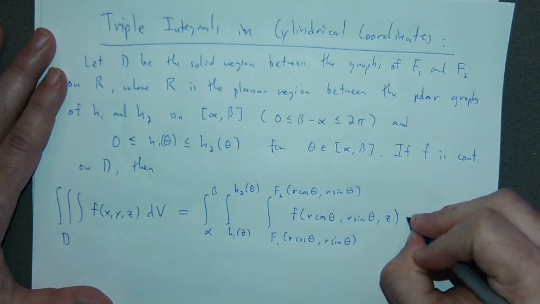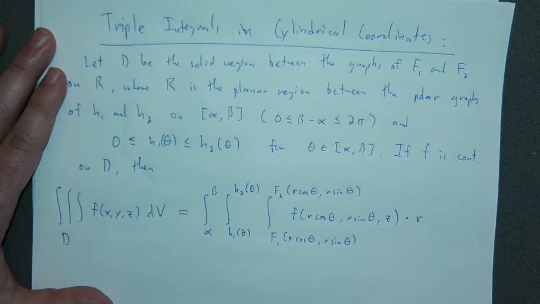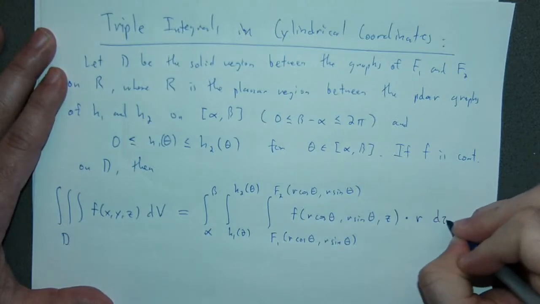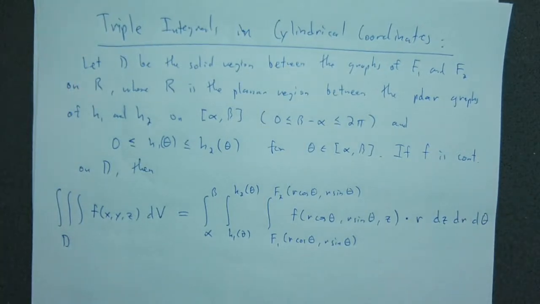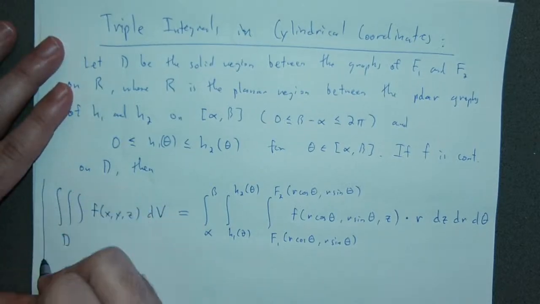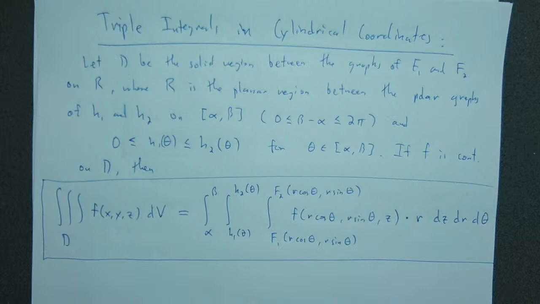What is the extra factor? It's also r. dz, dr, d theta. Okay. So this is my formulation for how cylindrical coordinates work for triple integrals.